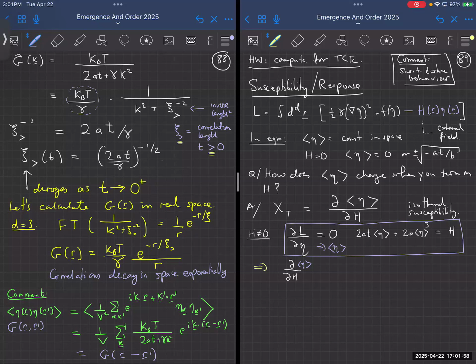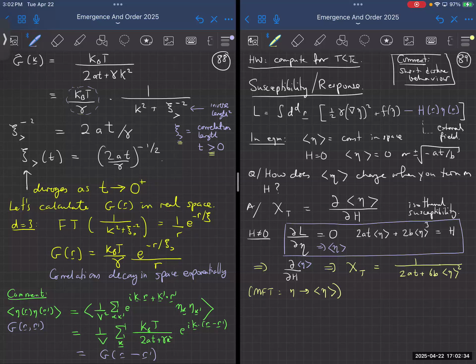What I can do is take this equation and compute d by dH, and what that gives me is that chi is equal to 1 over 2AT plus 6B times the expectation value of eta squared. And here I've made the mean field assumption that eta is replaced by its average value.